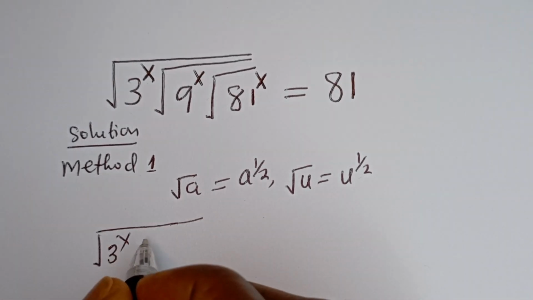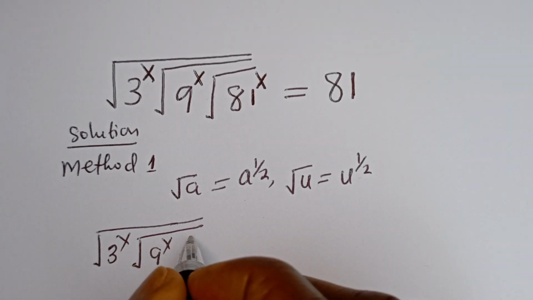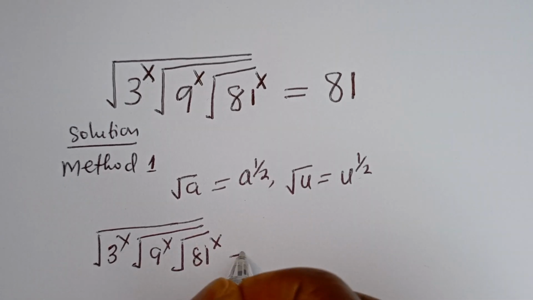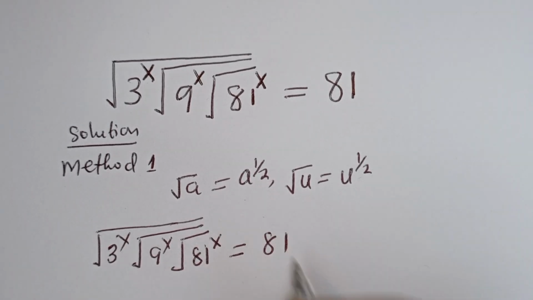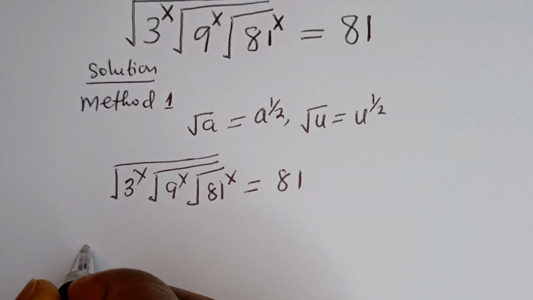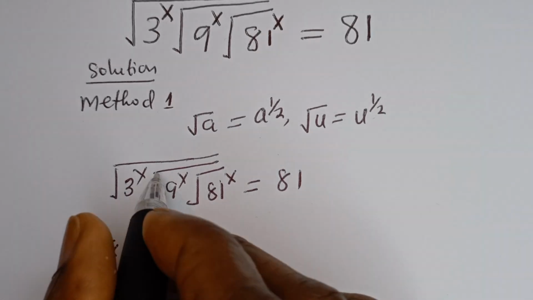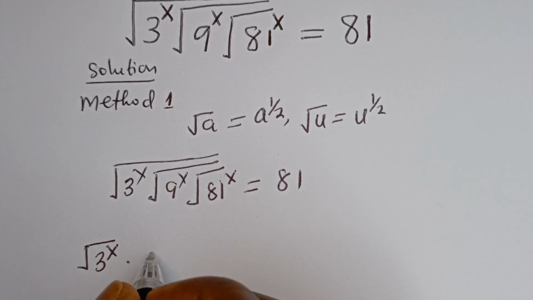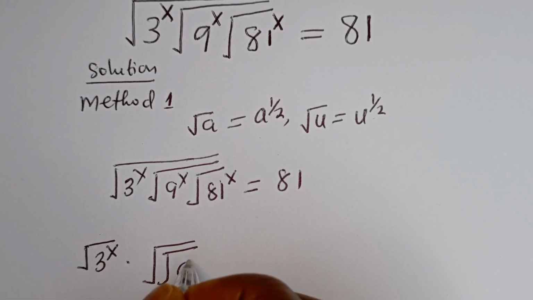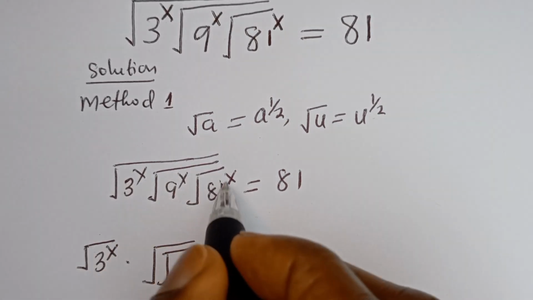3 to the power of x, square root of 9 to the power of x, square root of 81 to the power of x is equal to 81. Then we have the first one is square root of 3 to the power of x multiplied by square root of 9 to the power of x multiplied by square root of 81 to the power of x.